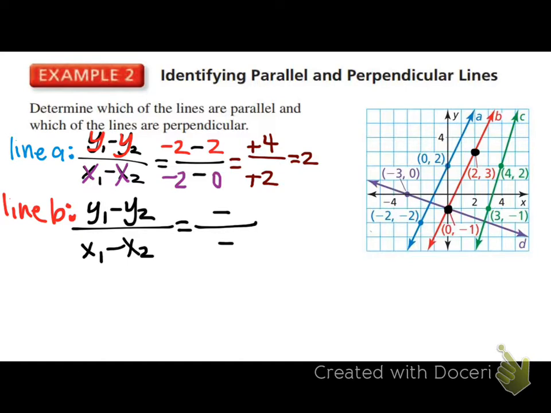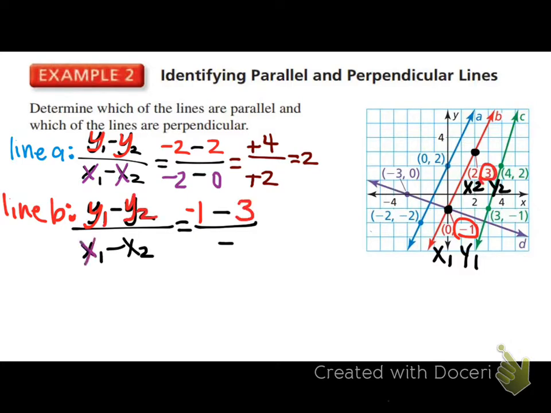So my x1, y1, I'm going to use 0, negative 1. And then my x2, y2, I'm going to use 2, 3. All right, so what's my first y? Negative 1. My second y? Just 3.